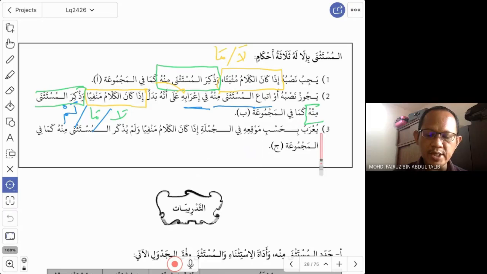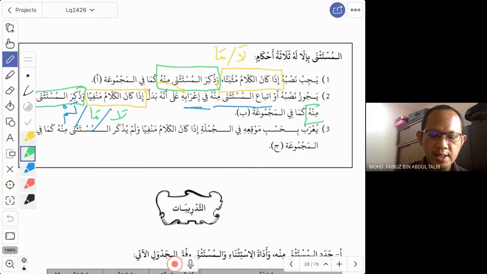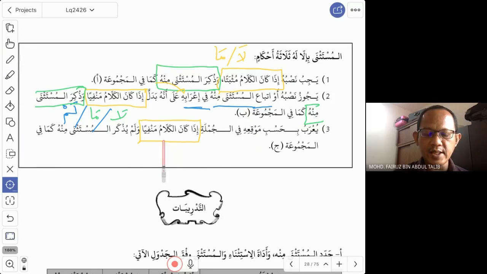So when do you do this? The condition is, first, iza kanal kalamu manfiyan. So again, this is similar to number two. If the sentence is manfi, where you have la, you have ma, you have lam. Okay, the first condition.